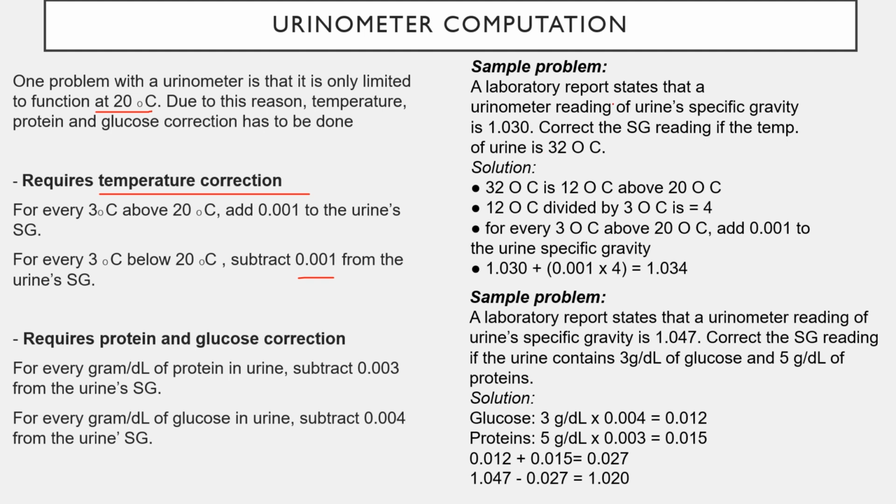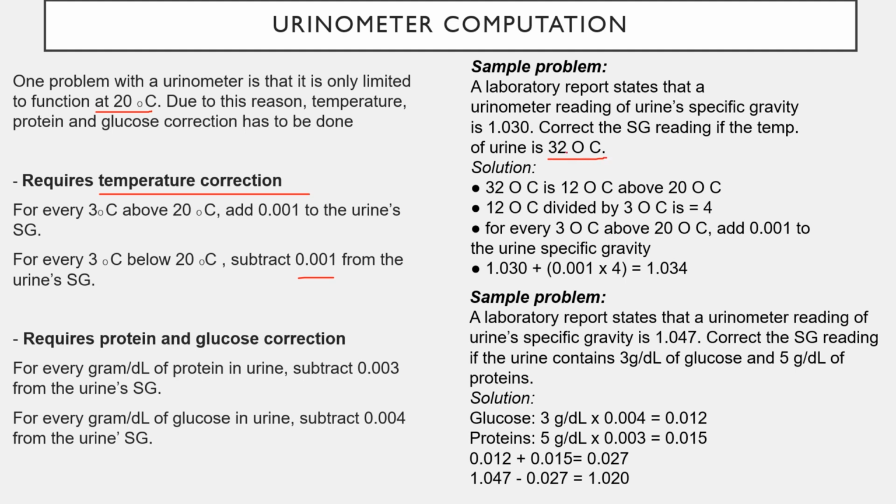So, example, class. A laboratory report states that the urinometer reading of urine specific gravity is 1.030. Correct the SG reading if the temperature of the urine is 32 degrees centigrade. Okay, so you need to make a correction here, class, because the temperature of the sample is above 20 degrees, so 32 degrees.